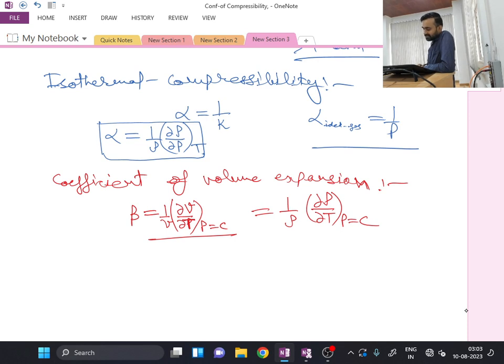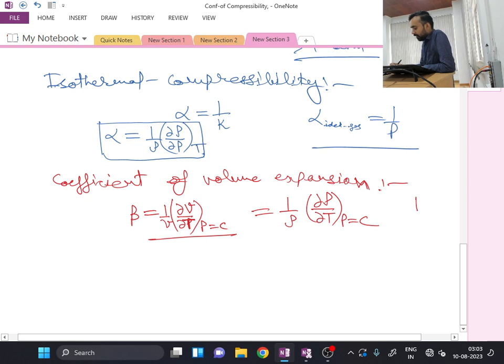Once again, let's see this definition for an ideal gas. From here you can see that the rho unit will cancel out, so it has the units of 1 by temperature scale, which will be 1 by Kelvin.